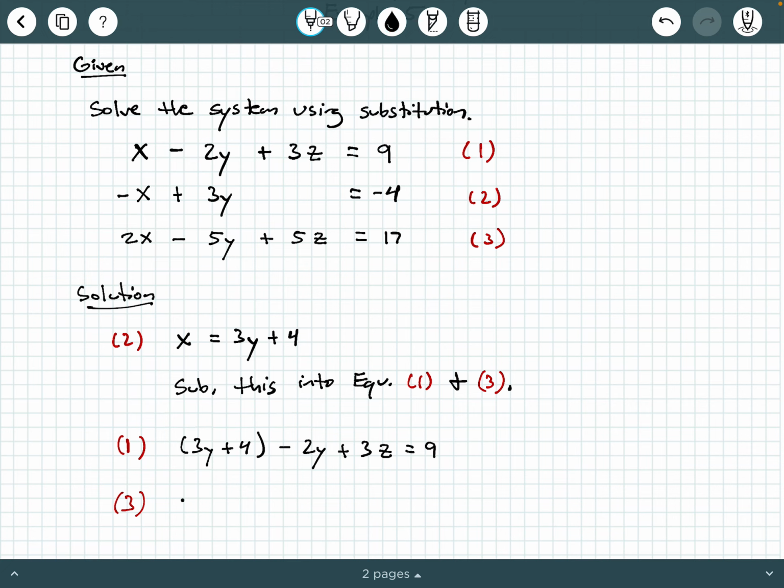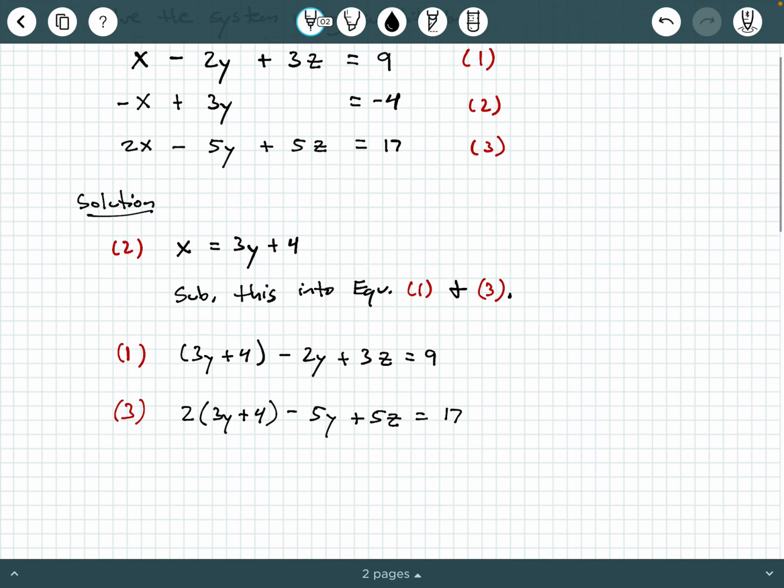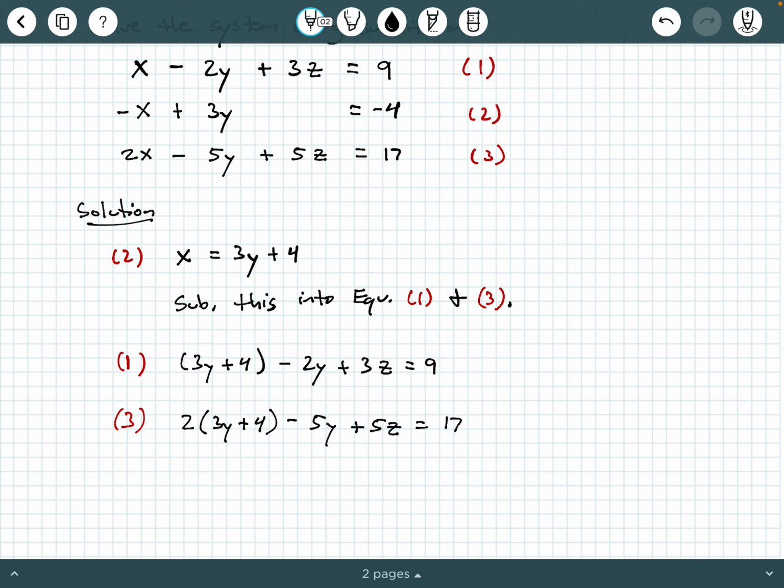I'm going to have 2 times (3y plus 4), close that parentheses, minus 5y plus 5z equals 17. So these are the new versions of equations 1 and 3 with equation 2 substituted in for the x term, okay? Now I'm going to do some simplifying, okay?